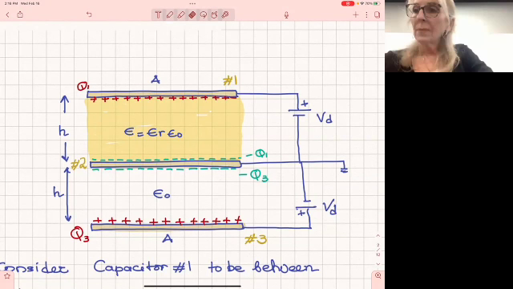You have charge Q1, you have a charge Q3, and then you have charge minus Q1, minus Q3 in the middle one. And those all are excited because of the initial charges. So practically, these different potentials have developed these different charges.